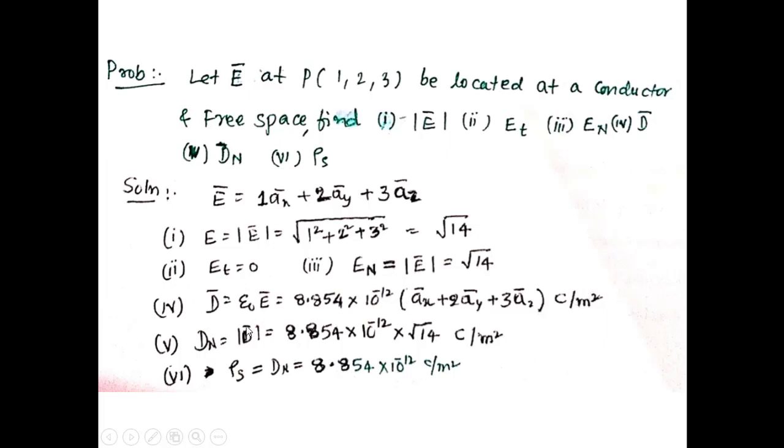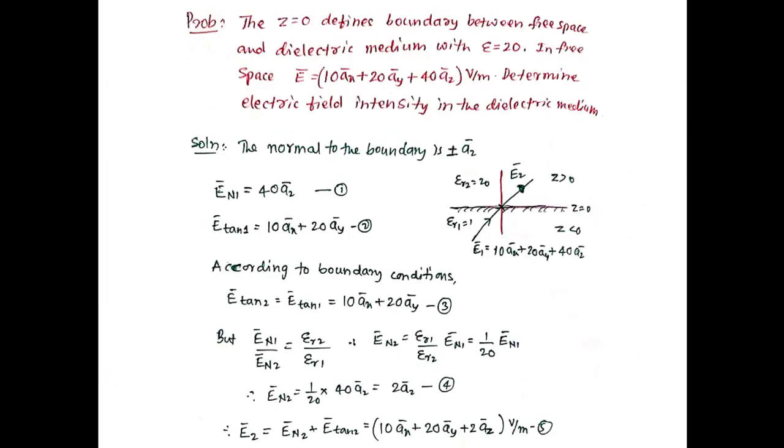Therefore, the normal component is 8.854 into 10 raised to minus 12 times the magnitude of E bar, which is the square root of 14 coulomb per meter square. But here, the surface charge density rho s is equal to Dn, which is 8.854 into 10 raised to minus 12 coulomb per meter square.